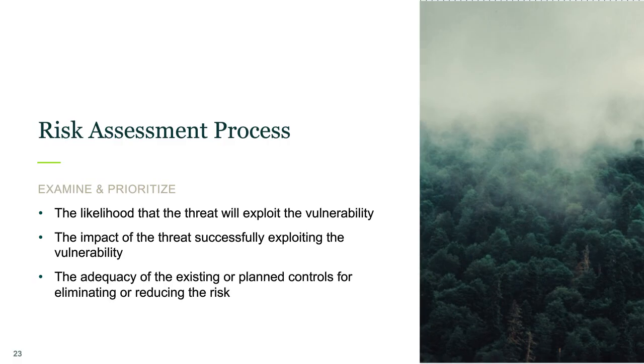Risk is calculated by multiplying the threat likelihood value by the impact value, and the risks are categorized based on those scores. So if we have both likelihood and impact at 5, we're going to have a pretty high score.